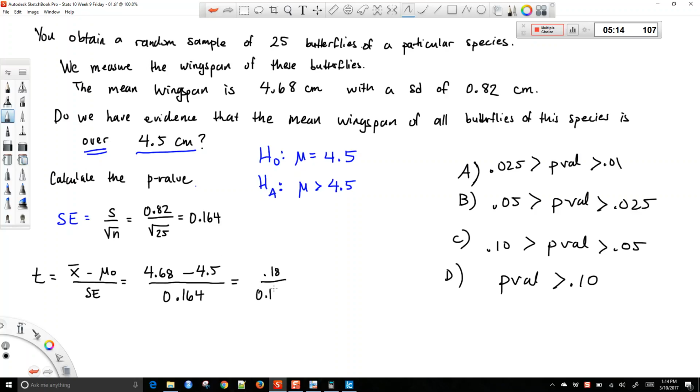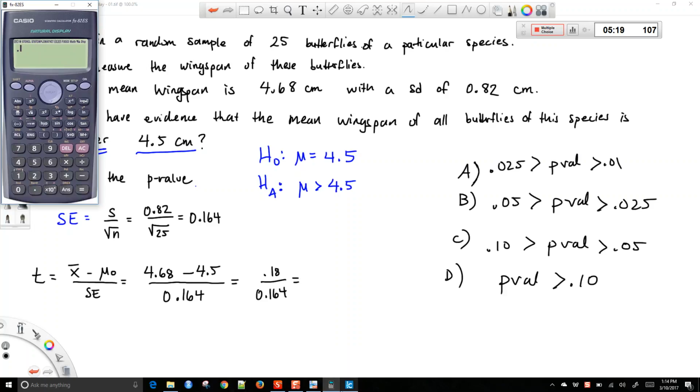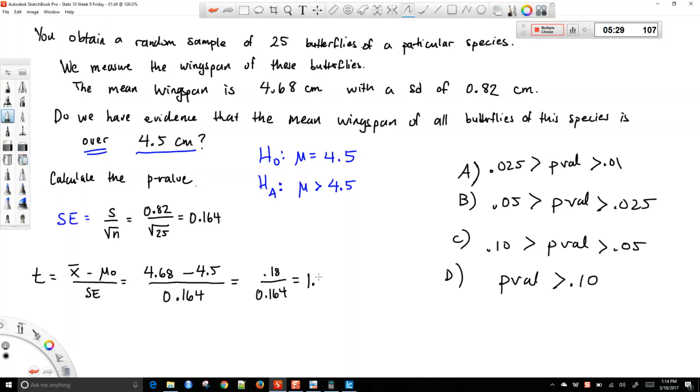Our standard error is 0.164, so 0.18 divided by 0.164 is 1.0976. All right, this is our test statistic. We're a little bit more than one standard error away from what we expect.